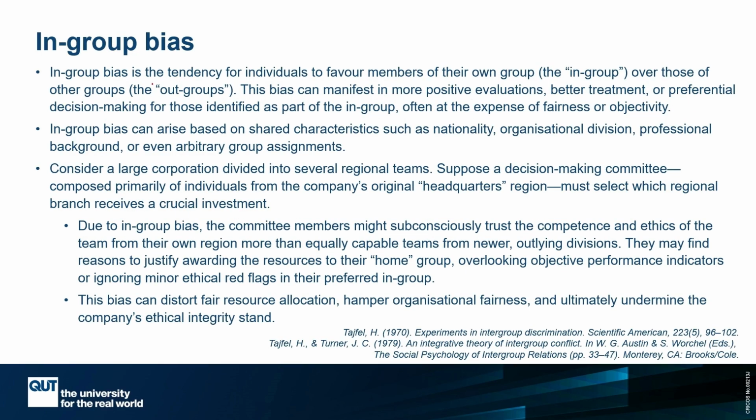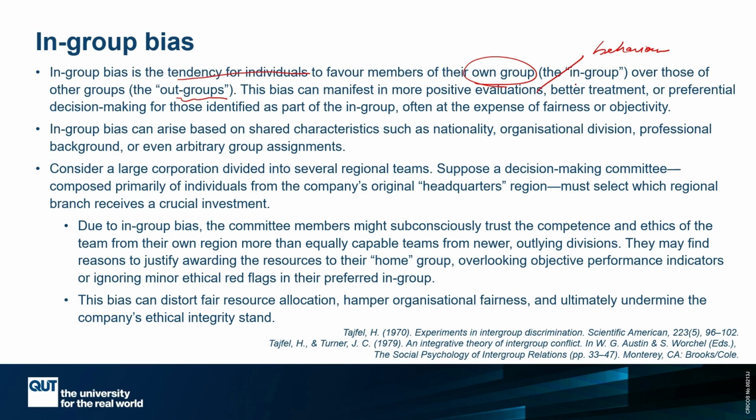A different kind of bias is in-group bias, which is the tendency for individuals, so for you, to favour members of your own group over the out-groups. That means you positively evaluate their behaviours, for instance. You can see exactly the same behaviour, right? If someone's silent in a meeting, is it because they're disengaged or because they're listening respectfully?